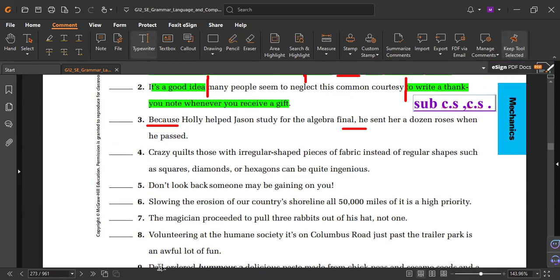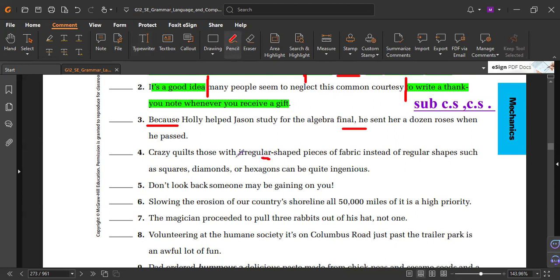For number 4, do we need a dash? I think number 4 already has a dash in irregular shape of pieces of fabric. Now, this one is called a hyphen for a compound adjective.